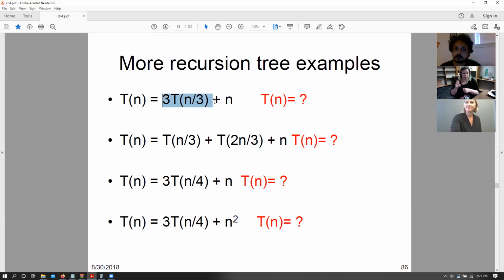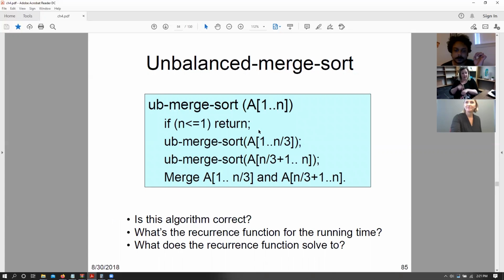So we have 3T(n/3) plus n, that would be the three-way merge sort. Now, the unbalanced merge sort would be: I am dividing my first array into a third, so I have T(n/3). I'm then dividing the rest of my array into 2/3, so that is T(2n/3), and then merging both of those parts together, and that is again big O of n.